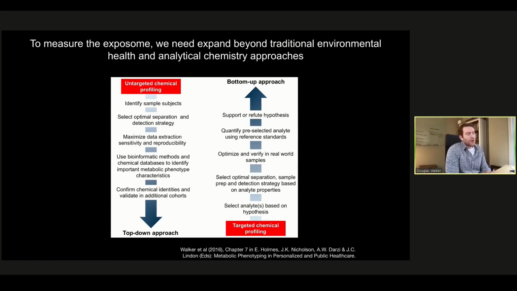And to do this, we incorporate what's referred to as untargeted chemical profiling techniques. And these differ conceptually from traditional analytical approaches in that the objective of this analysis is to maximize the number of compounds that you're detecting. And we're using this to identify the exposures that could be driving potential health effects.